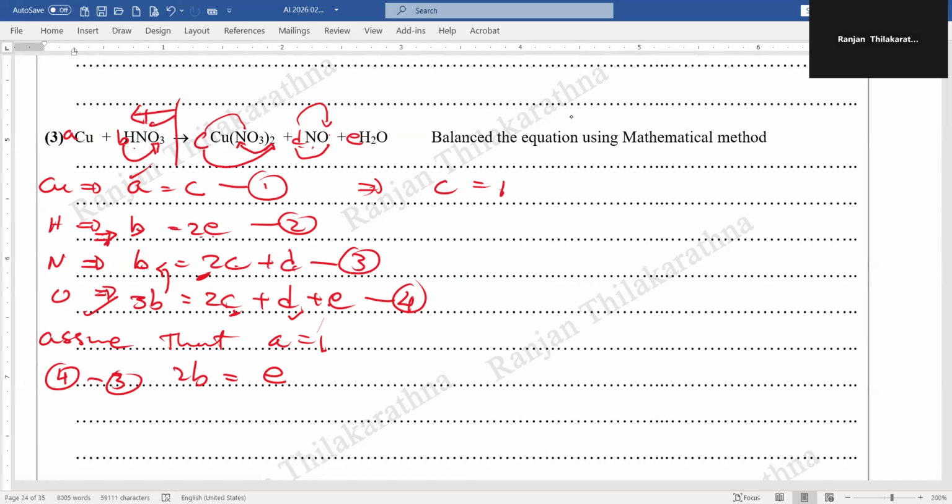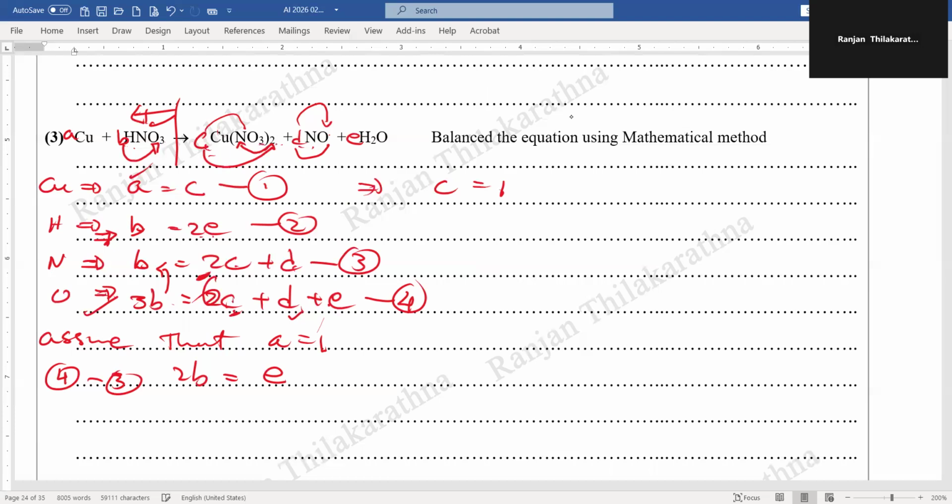When we consider nitrogen, it has to be 2C plus D. Yes, correct. Here 3B oxygen equals 2C, right? When we consider oxygen, 2C into 3, it has to be 2C into 3 means 6C.